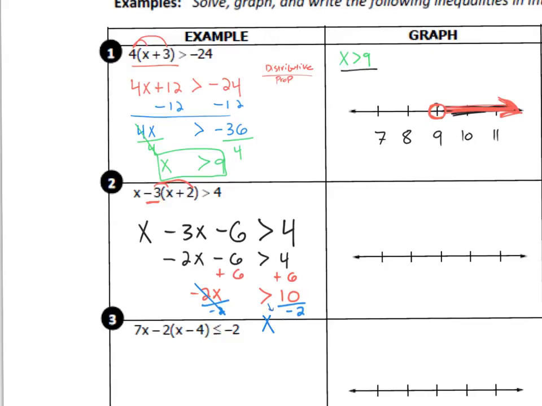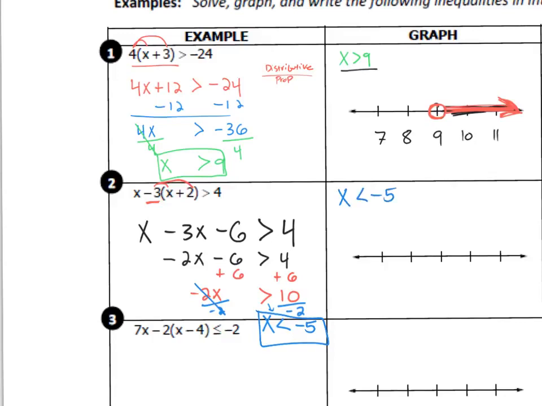So this sign actually changes directions, and 10 divided by -2 is -5. So whenever we divide by a negative number, the sign flips. X is less than -5.